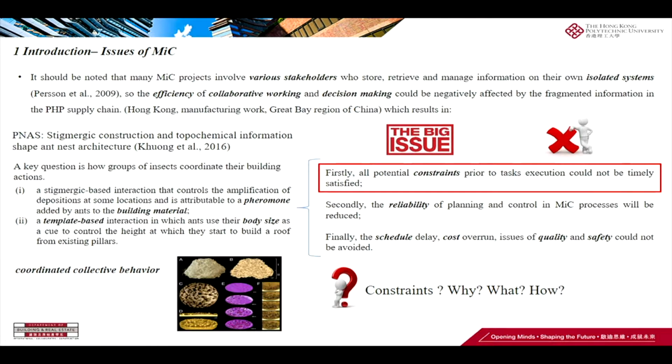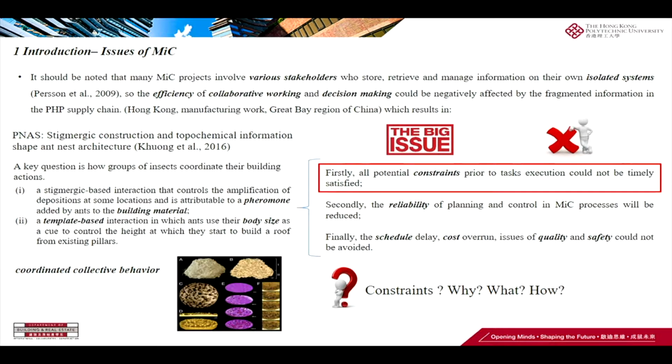After a review of the literature and the studies of MIC, we noticed that there are several very big issues that need to be addressed. First, all the potential constraints prior to task execution cannot be timely satisfied, and the reliability of planning and control in the MIC process will be reduced.